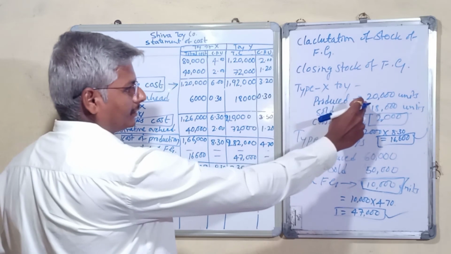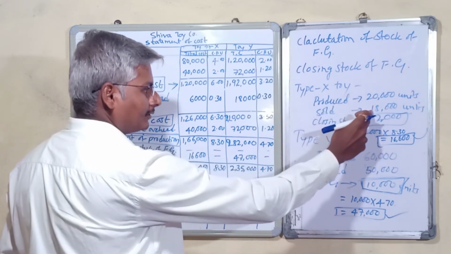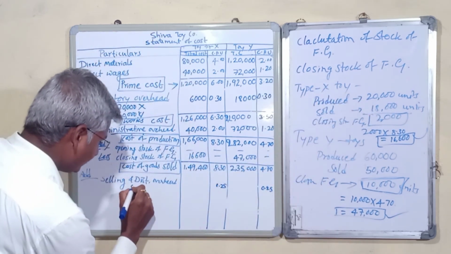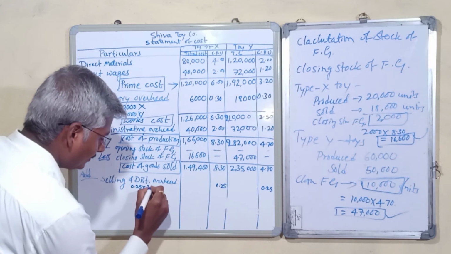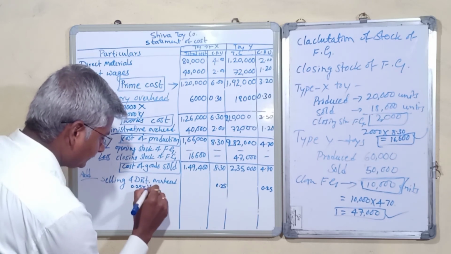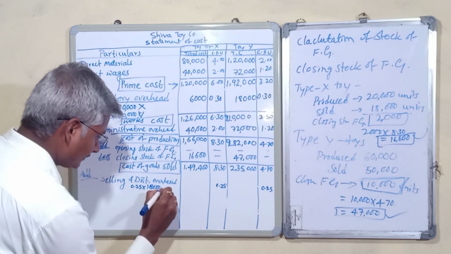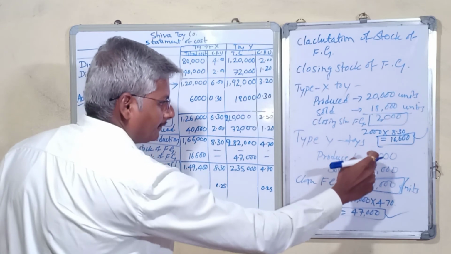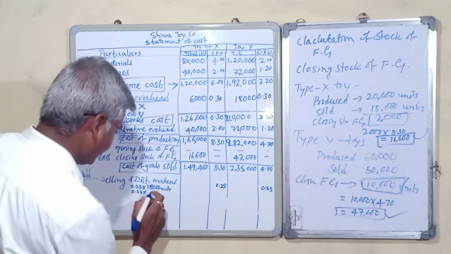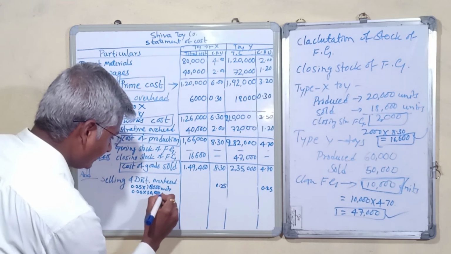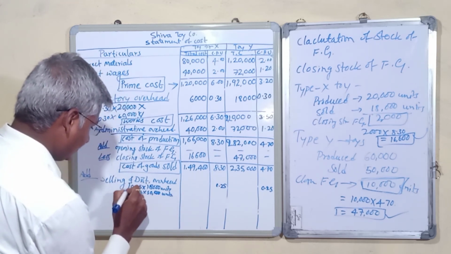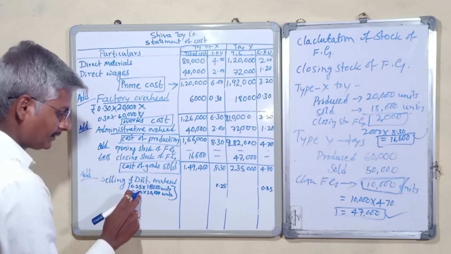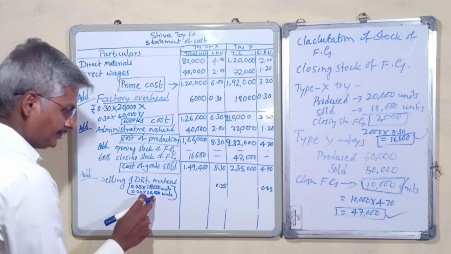Actually we have produced 20,000 units, but we have only sold 18,000 of type X. So here 0.25 into 18,000 units, and 0.25 into, out of 60,000 we have only sold 50,000, so I will take 50,000 here. 25 paisa into 18,000 units and 25 paisa for 50,000 units each.